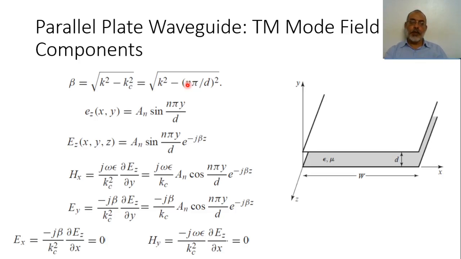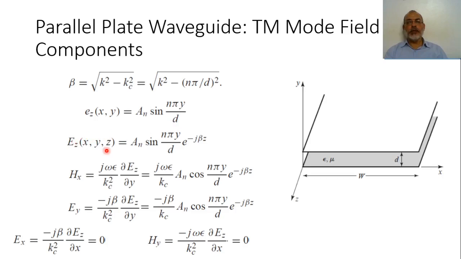In this case, the electric field mode Ez as a function of x and y would be a magnitude, and because every mode will have its own amplitude, it would be An sine(nπy/d).